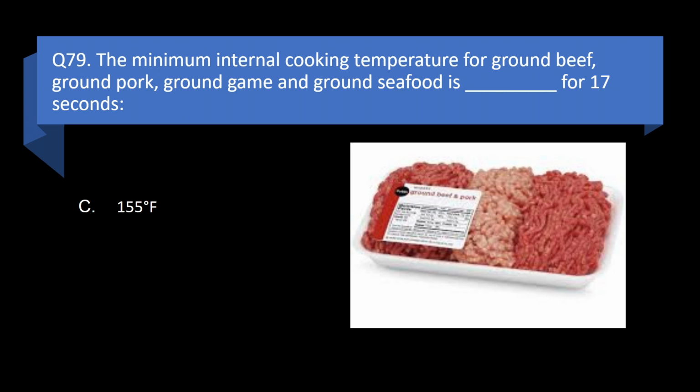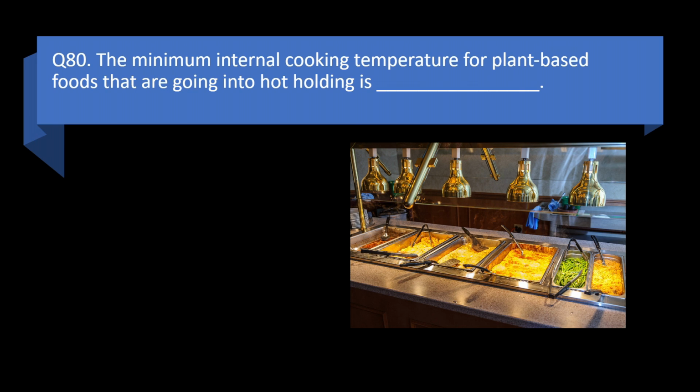C. 155 degrees Fahrenheit. Question 80. The minimum internal cooking temperature for plant-based foods that are going into hot holding is 135 degrees Fahrenheit, 145 degrees Fahrenheit, 155 degrees Fahrenheit, or 165 degrees Fahrenheit.